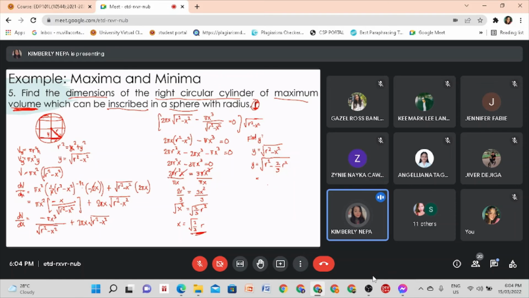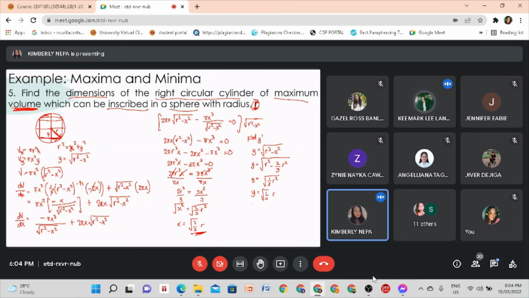One minus 2/3 is 1/3. So this is square root of 1/3 r squared. Or y is equivalent to square root of 1/3 r. Correct?